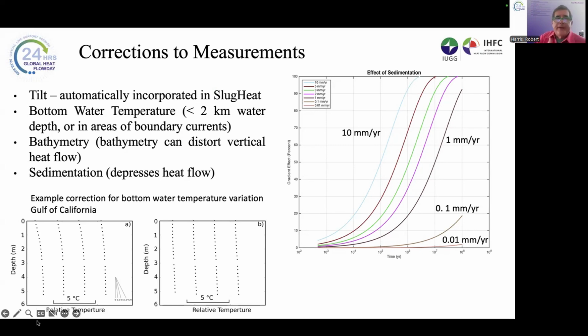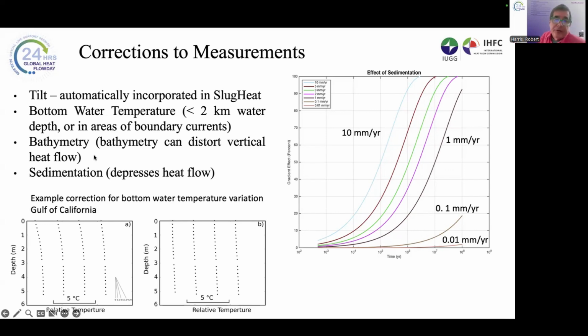If there's a variation in bottom water temperature, it propagates into the subsurface and may generate curvature in temperature depth profiles. So here's an example from the Gulf of California, which is relatively shallow. These are the temperature depth profiles that are offset. Here's 5 degrees. And we corrected for bottom water temperature and increased the linearity of these temperature depth profiles.